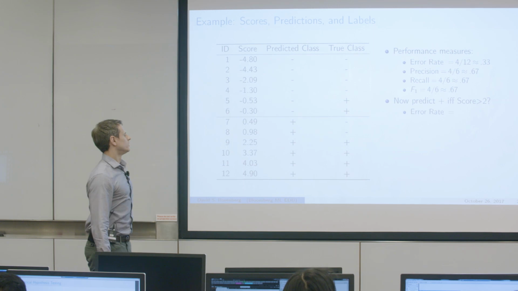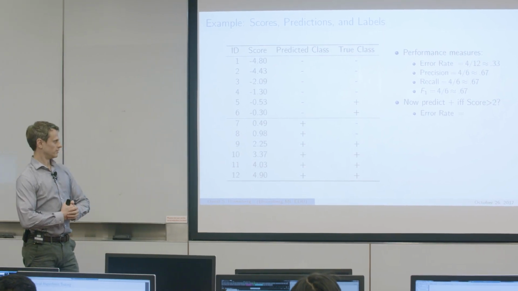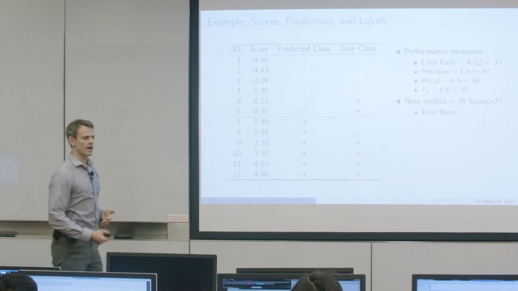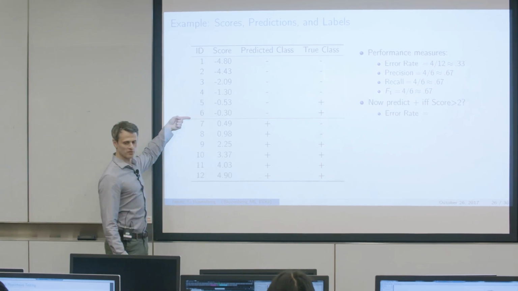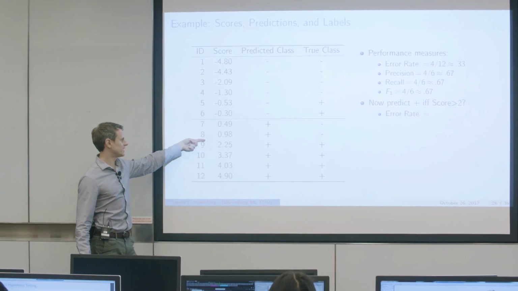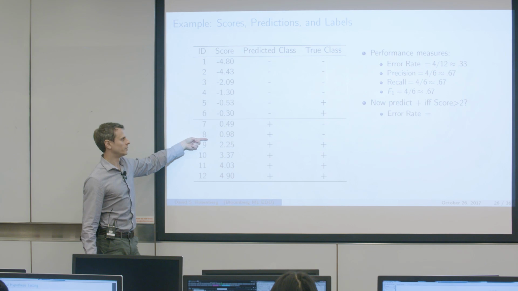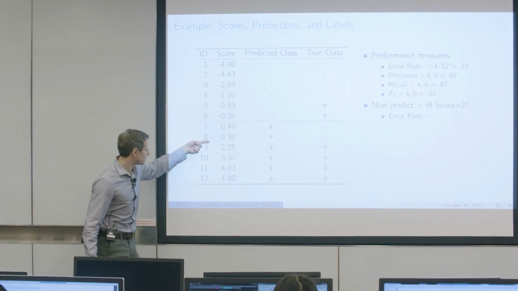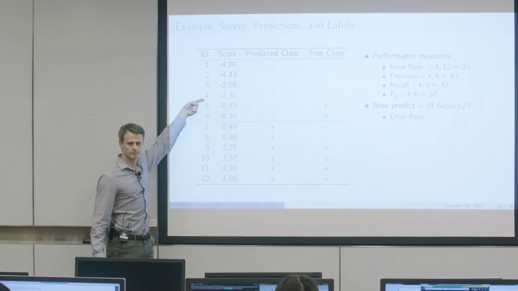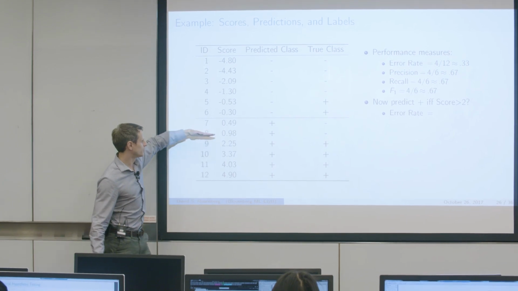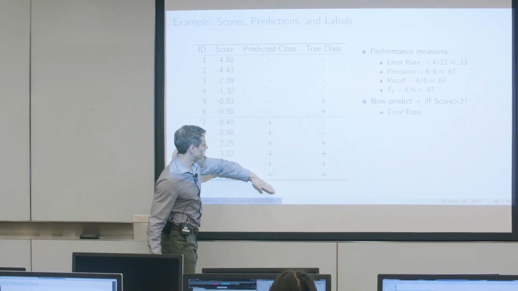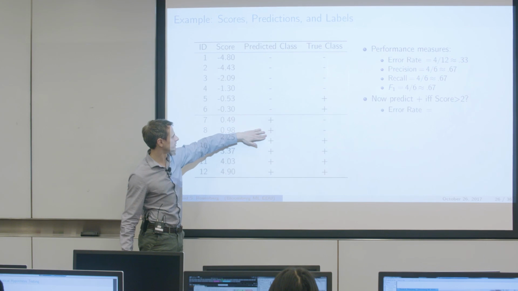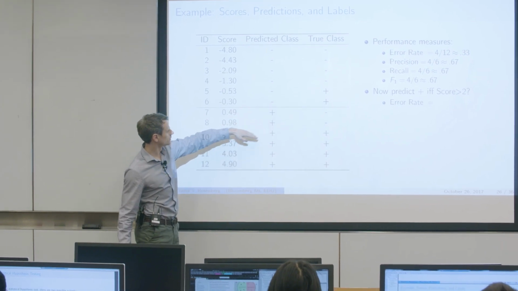Okay. Now let's go crazy and change the threshold. So this was a threshold of 0. What if we move the threshold down here between 8 and 9, say a threshold of 2? And we only predict positive if you're greater than 2 and otherwise negative. So what happens to our error rate if these two are negative and we only predict these bottom 4 positive?